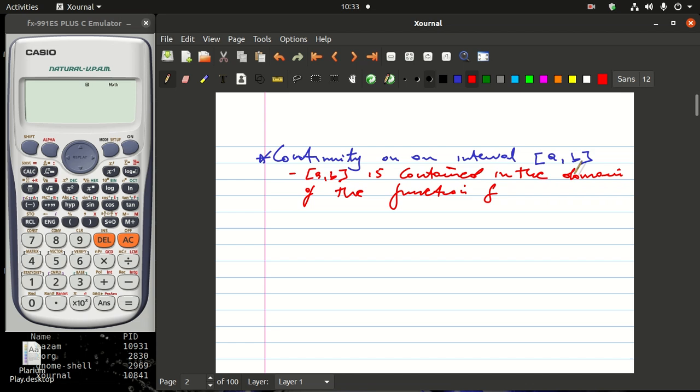But now you can say that if you know that a and b, these values, are inside the domain of this function, you can conclude that f is continuous on this particular interval.